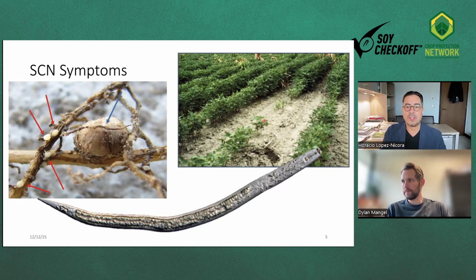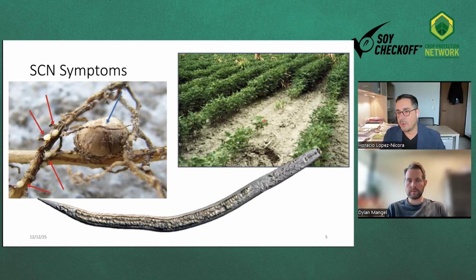There are also interactions with other pathogens. Let's say we have a field with the presence of the fungus that causes SDS. And in the presence of the nematodes, we may see more SDS than if we didn't have that, both of those pathogens together. So great opportunity to sample fields where we're seeing more of these type of stressors showing up.